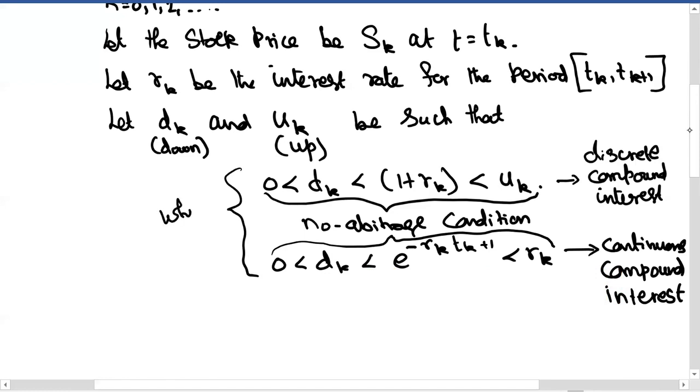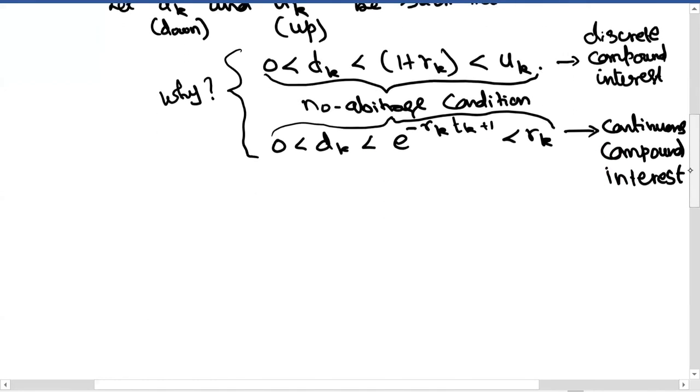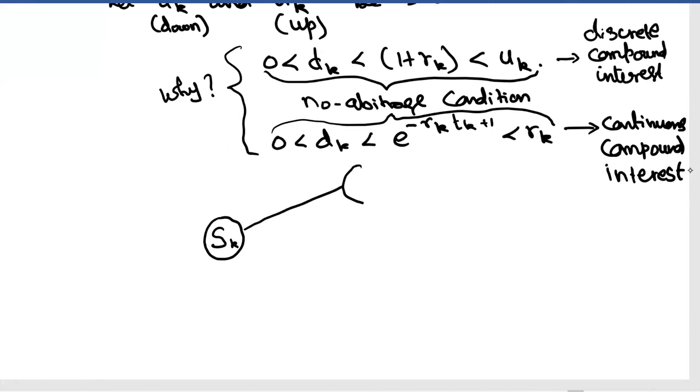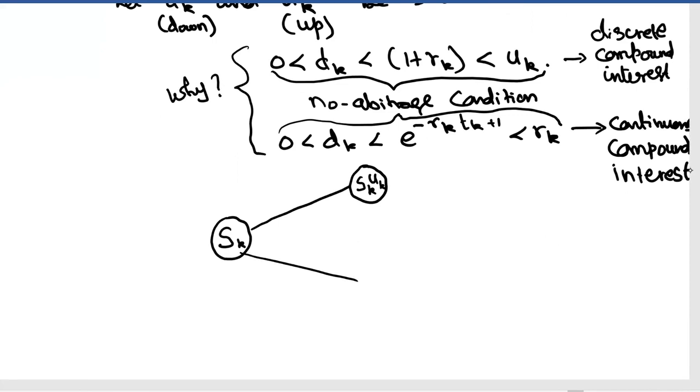Let us go ahead with the model building. As I told in the last class, the model is all about assuming that if you start with a price Sk, what is the probability that it will either touch Sk into uk or Sk into dk.